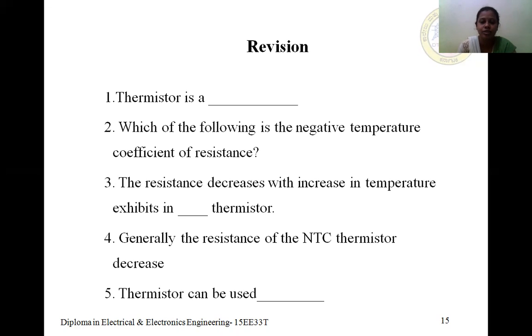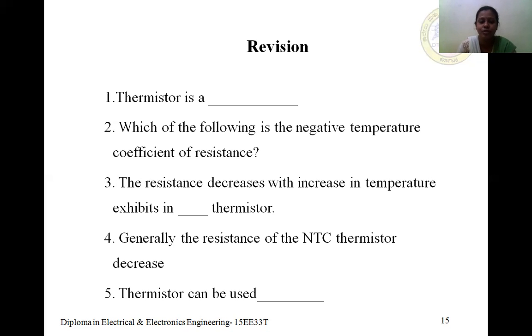Coming to the next question, generally the resistance of a negative temperature coefficient thermistor decreases exponentially with an increase in the temperature. That is, as the resistance decreases, the temperature increases. The answer is exponentially with an increase in the temperature.